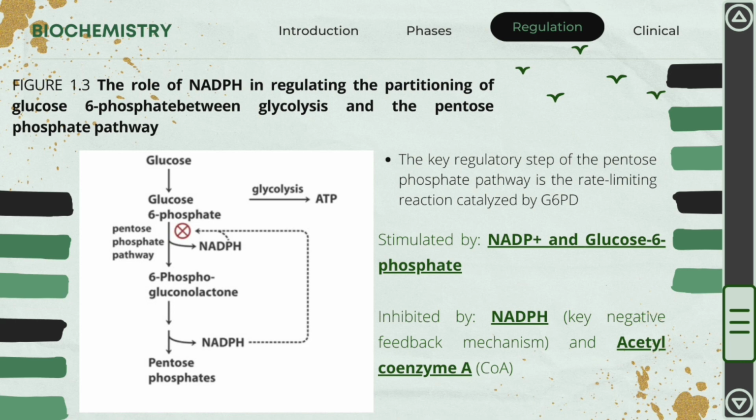Okay, to sum it up, it is stimulated by NADP plus and glucose 6-phosphate while inhibited by NADPH, the key negative feedback mechanism, and the acetyl coenzyme A. While the entry of glucose 6-phosphate either into glycolysis or into pentose phosphate pathway is largely determined by the relative concentrations of NADP plus and NADPH.